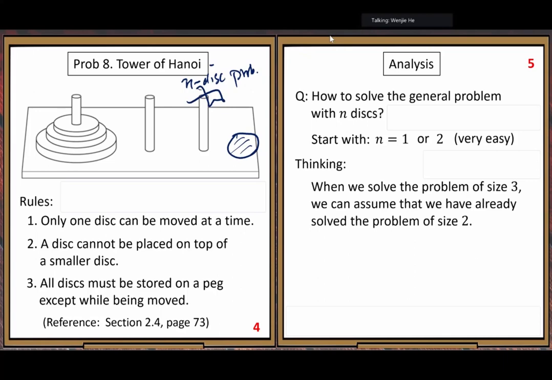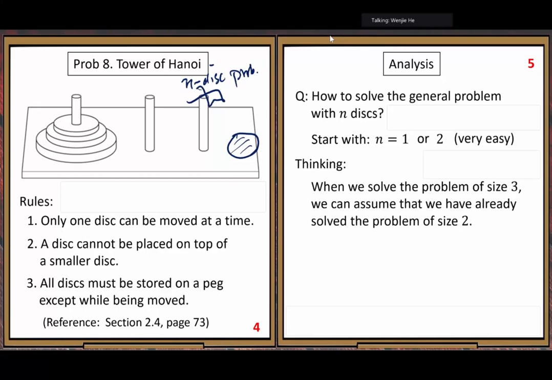So now we need to consider the size 3 problem. Then it's not trivial, right? At least we need to do a lot of work. But let's recall our introduction to recursive algorithm, our Monday's class.